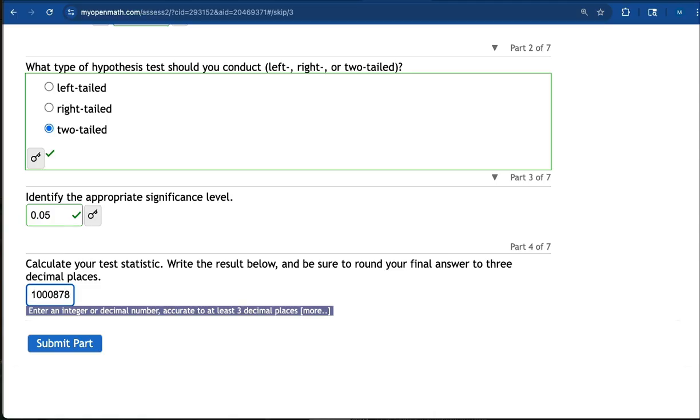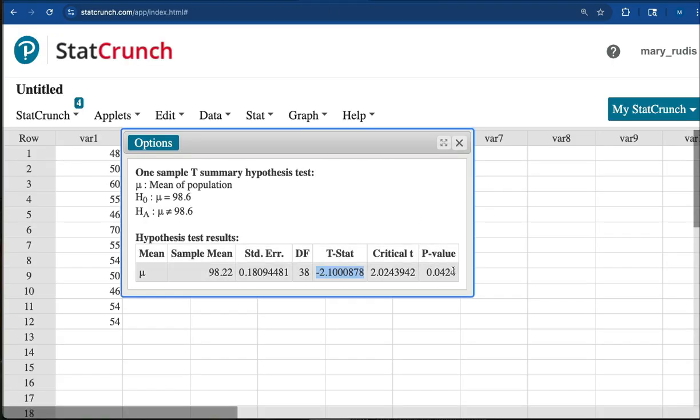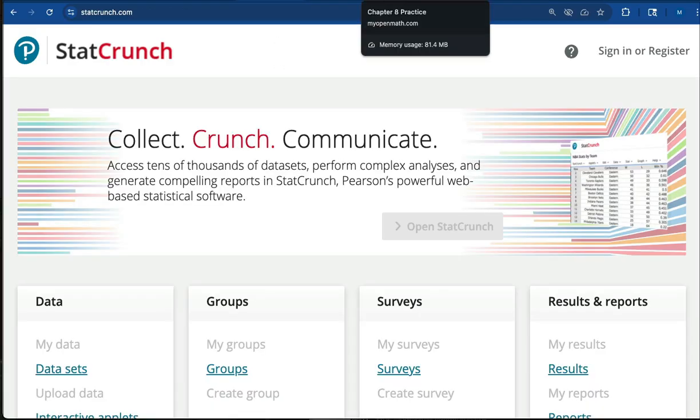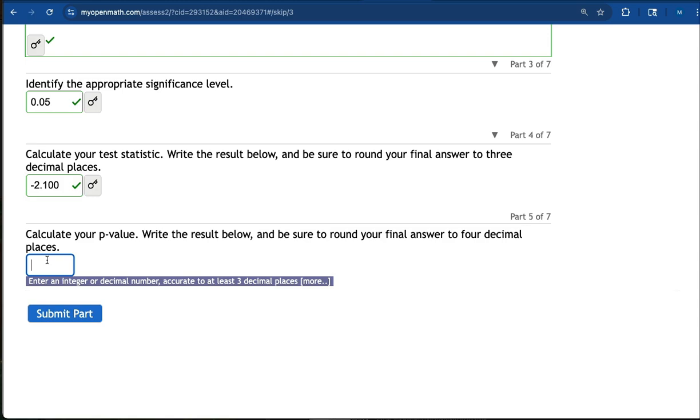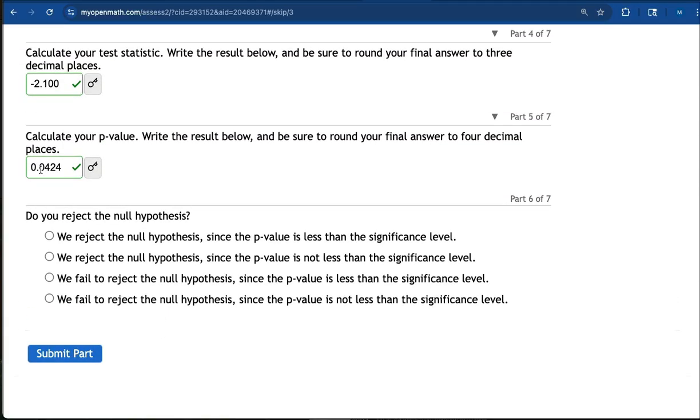So that would be negative 2.100. Calculate the p-value, and this time we want to round to 4 decimal places. So our p-value is exactly 0.0424. And again, our p-value is in fact less than alpha.